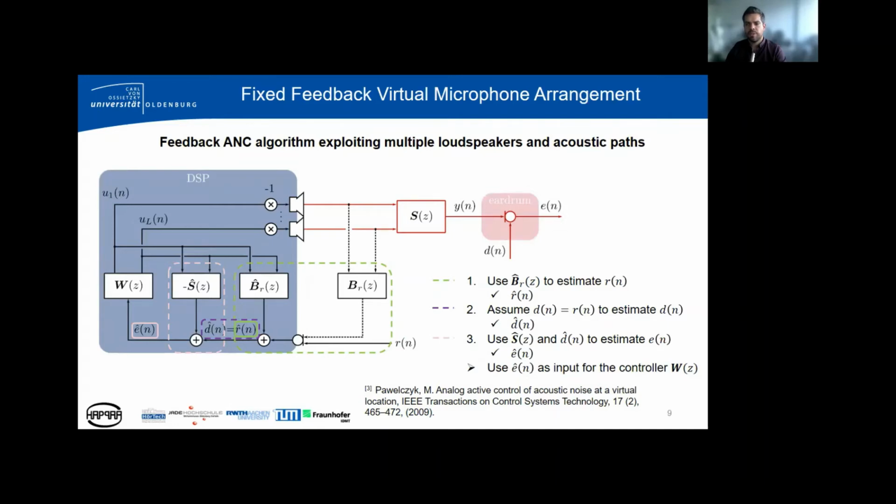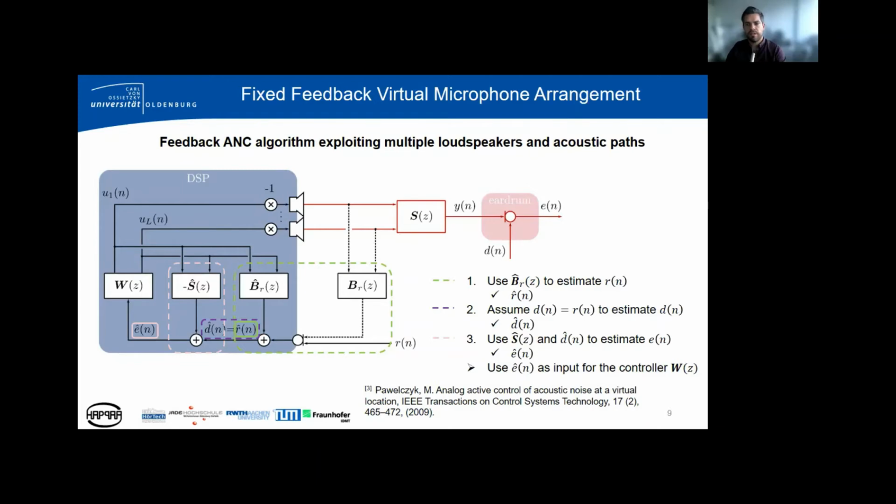The design procedure is based on the feedback virtual microphone arrangement approach proposed by Pawelczyk to estimate the sound pressure at the eardrum. In this approach, the estimated acoustic path B sub R is used to cancel the control signal at the position of the inner microphone, and through this estimate the noise sound field at the inner microphone R. Afterwards, the noise sound field at the inner microphone R and the eardrum sound pressure D are assumed to be equal.